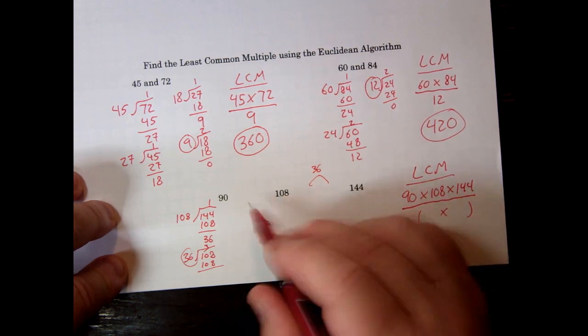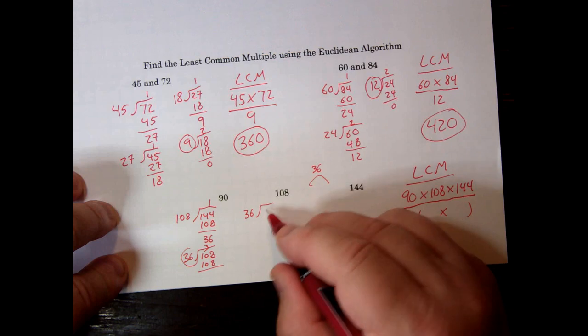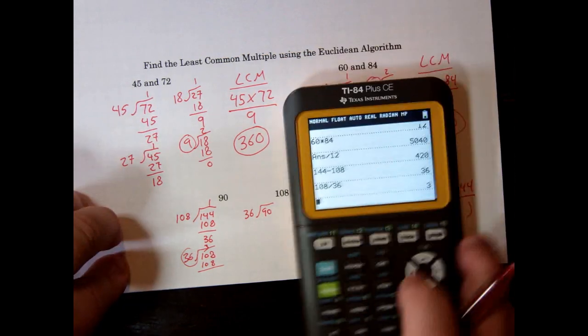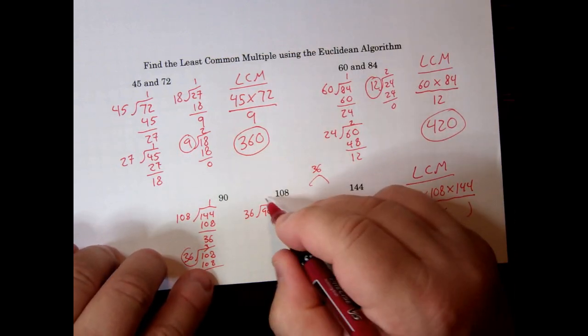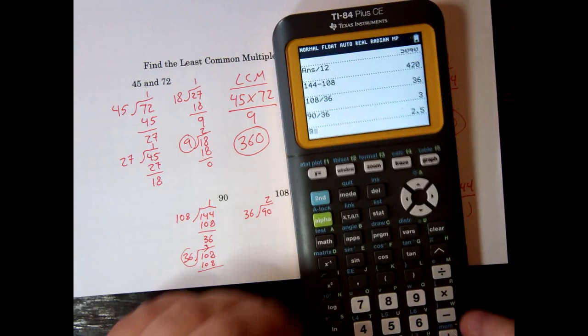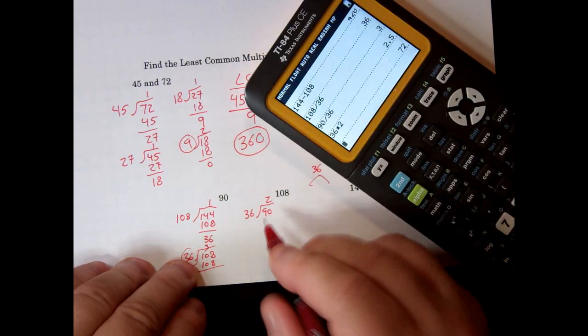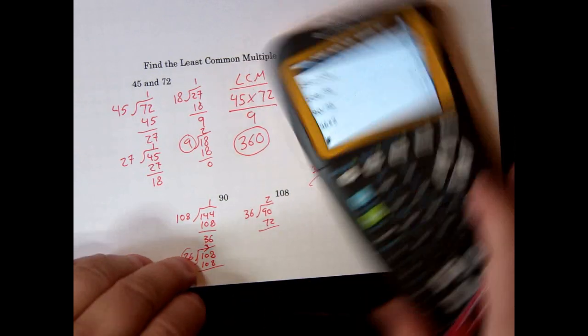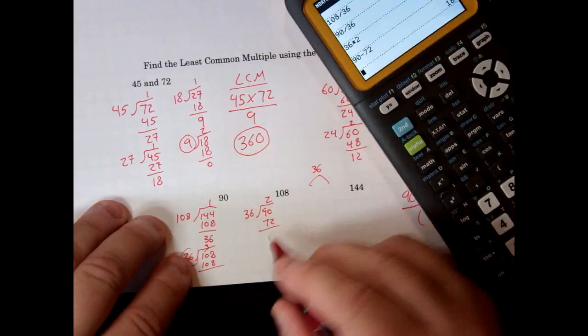And now, with 90, start with the 36, goes into 90. So 90 divided by 36 will go twice. 36 times 2, 72. 90 minus 72, 18.